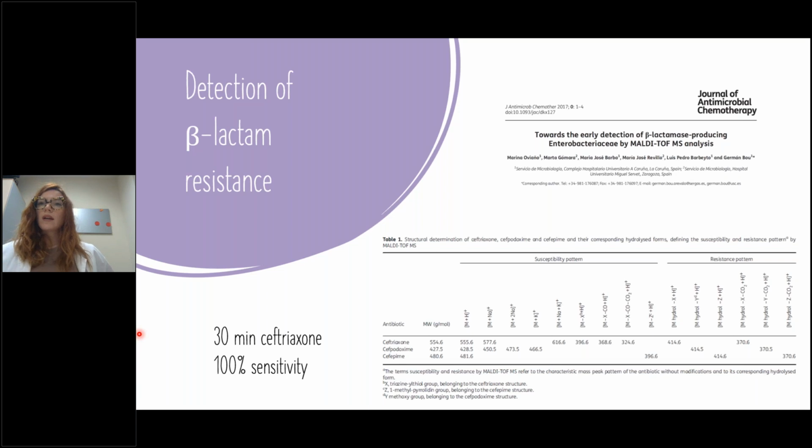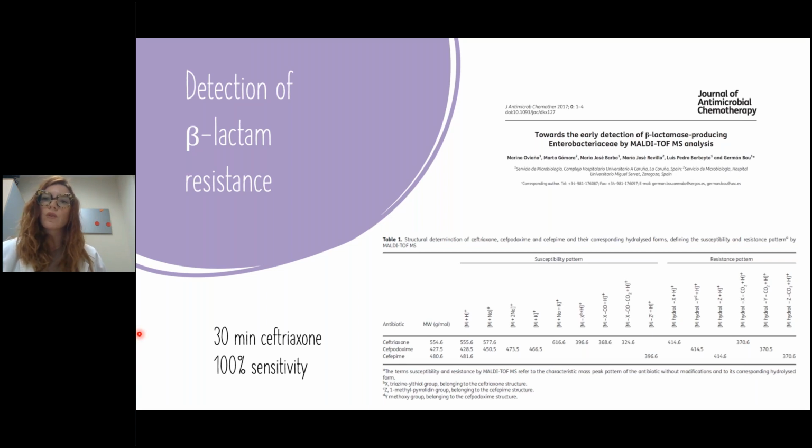Our group also was, or is still, very interested in this type of approach, and we analyzed different antibiotics to evaluate which one was the most interesting for detection of beta-lactam resistance. And we realized that ceftriaxone, which wasn't used at that moment, was very, very accurate.